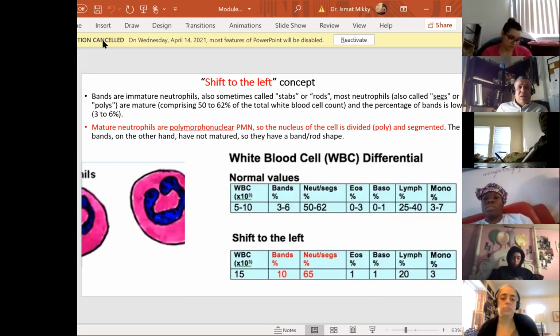The last concept, on infections in this chapter, is the shift of the white blood cells. As we analyze and interpret the results of the white blood cells, the leukocytes, there's something called bands and segs, two different types of white blood cells: segmented, or segs, and the other one is bands.